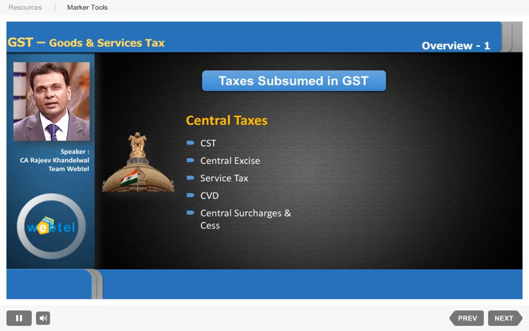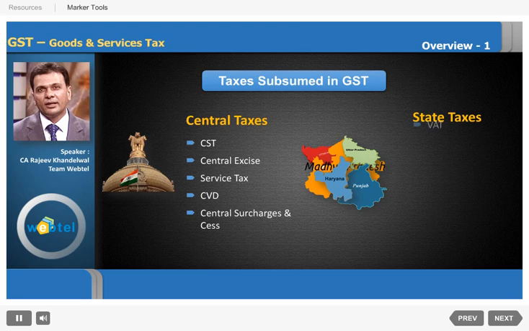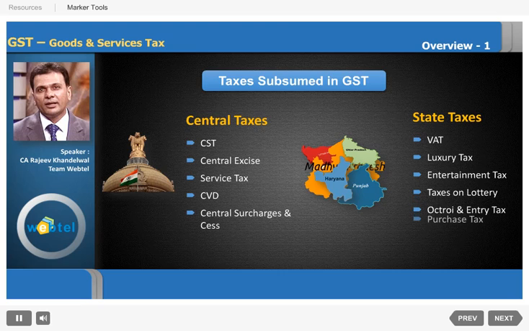That is, once GST comes into operation, then these taxes will not be levied and GST will be levied in their place. Coming to the state taxes: value added tax or VAT, different states' luxury tax, entertainment tax, taxes on lottery, octroi and entry tax, purchase tax, special additional duty, again in the case of imports.